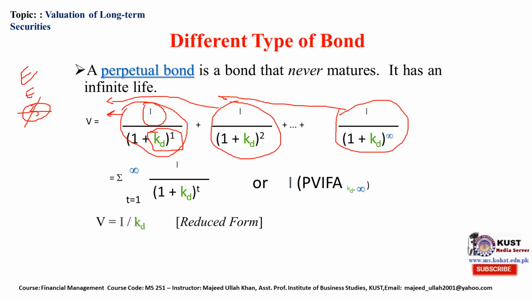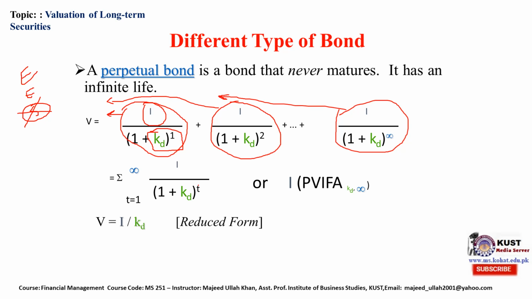So you first convert all the interest that you will receive on the bond into present value. What we will do is shorten this expansion: summation t equals 1 up to infinity of 1 divided by (1 plus Kd) raised to the power t.